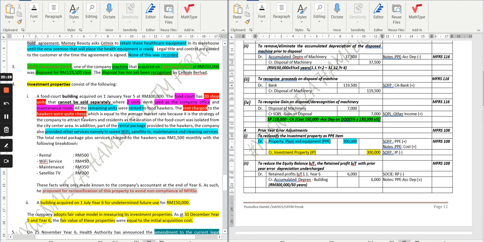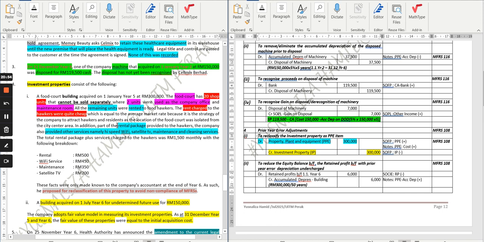So meaning that the future economic benefits that you generate from the rental to the food hawkers were not that significant, which is equal to the average market rate, because it is the strategy of the company to attract hawkers and residents, as the location of the food court was isolated from the city center area.